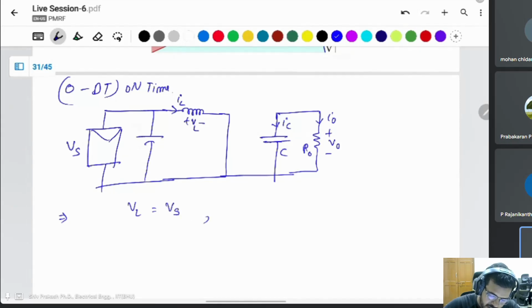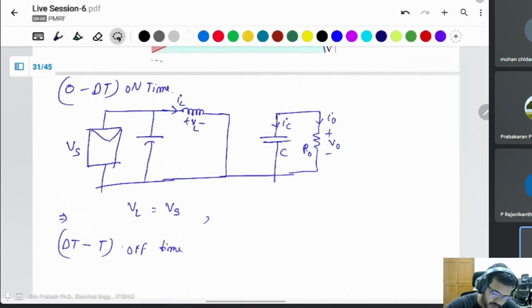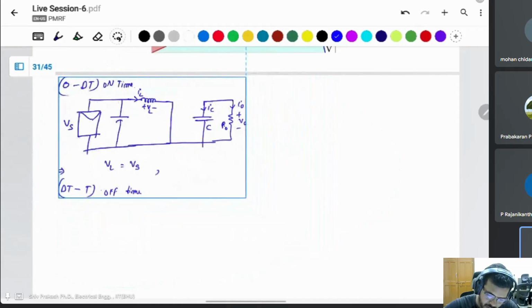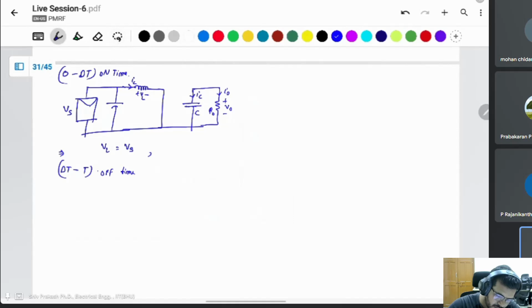Okay. Then what happens if the switch is off? This means the DT to T time, the off time. In the off time the PV panel is here.